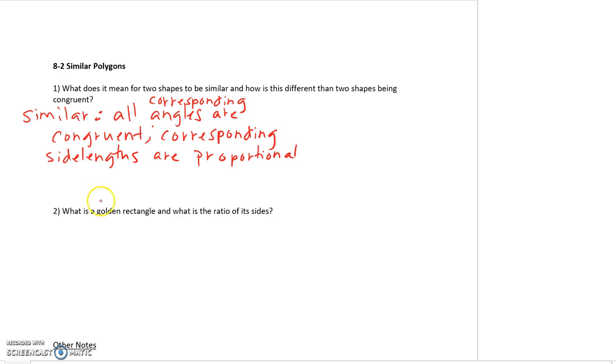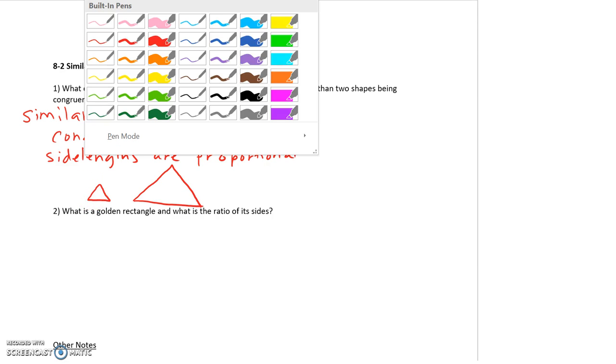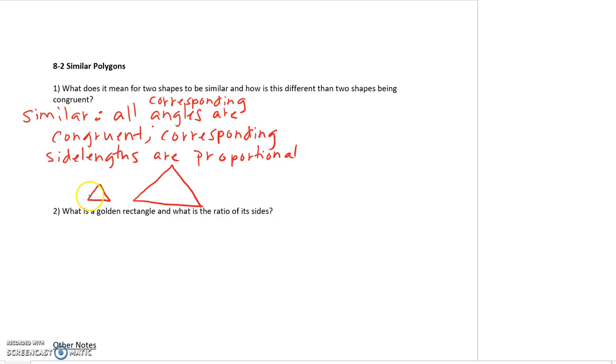So let me draw a little picture. So not great. You'll survive. So I'm trying to say that the angles that are corresponding are exactly the same. So this angle is exactly the same as this angle. If I took a protractor and measured them both, I would get the same number.